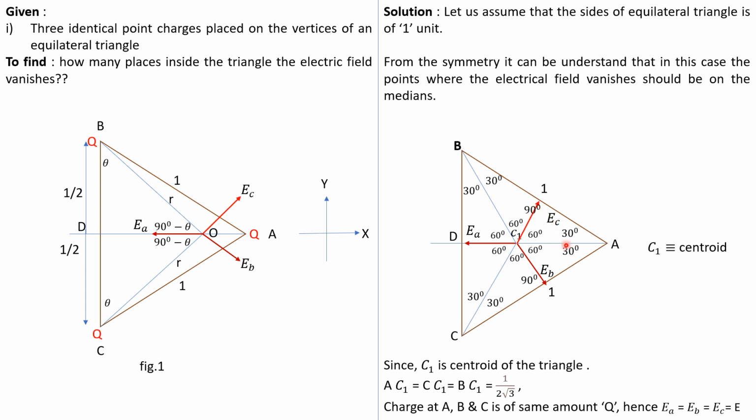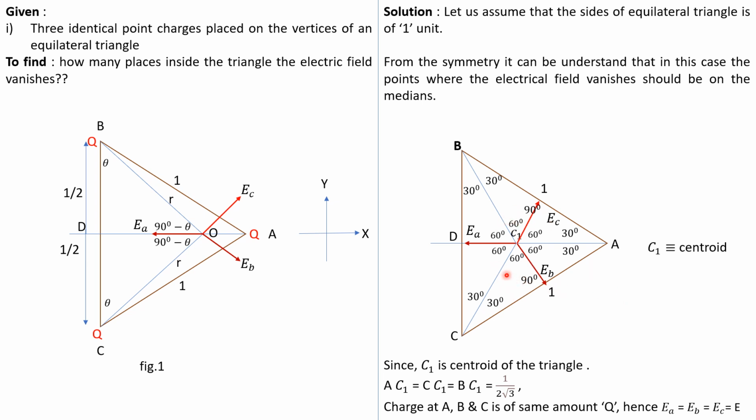The component of EC plus the component of EB in the x direction is 2E into cos 60 degrees, and cos 60 is half, so it becomes E. EA is also E, but in the opposite direction, so in the x direction also the field will be 0.